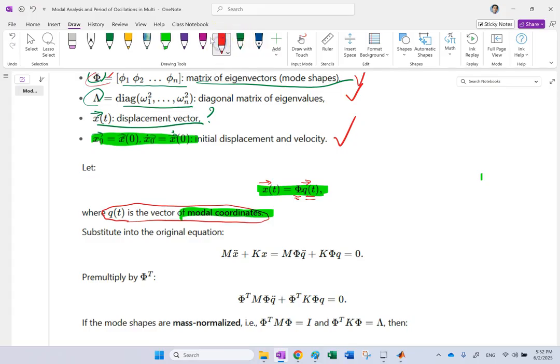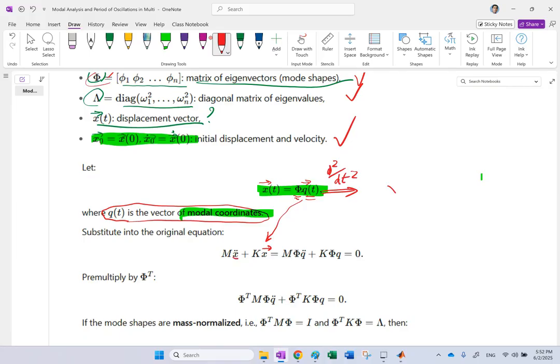So go ahead and plug that x into the equation. Wherever I have k times x, for that x, I'm going to plug it in. Also, I need to take 2 time derivatives from this. Why? Because I need x double dot.